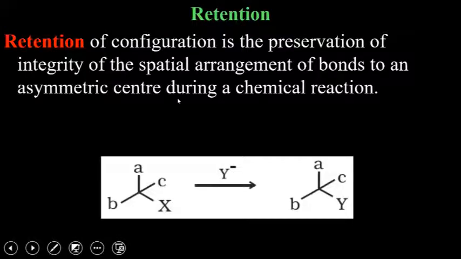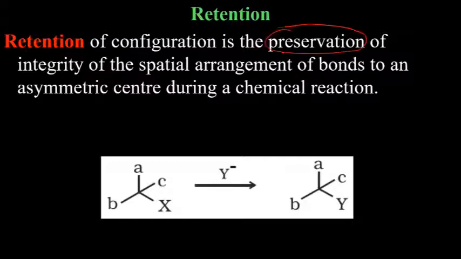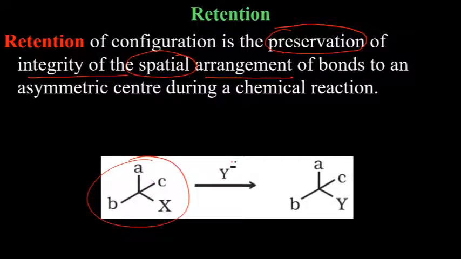So retention of configuration is the preservation of integrity of the spatial arrangement. Means in 3D structure, it will remain the same. It will not change. So if you see, we got a compound reacted with an ion, Y minus, and it replaced X, but the configuration is still the same.